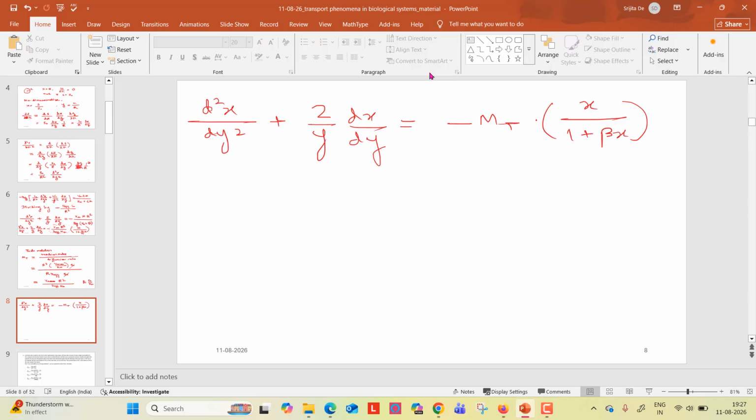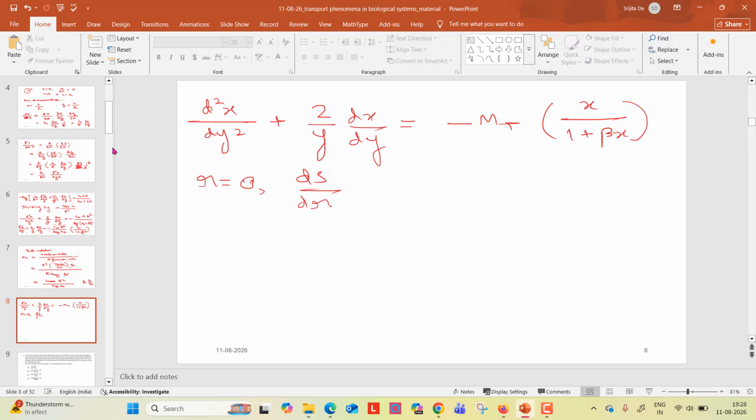Now, what will be the boundary condition if we want to solve it? As we know earlier, at r equals to 0, ds/dr equals to 0.